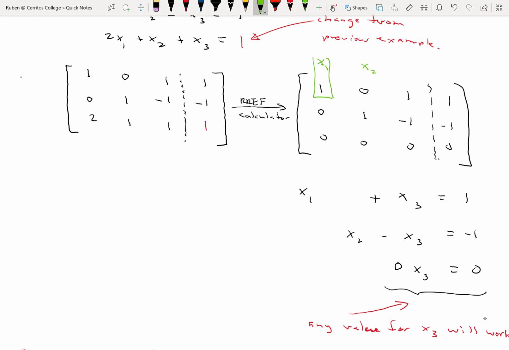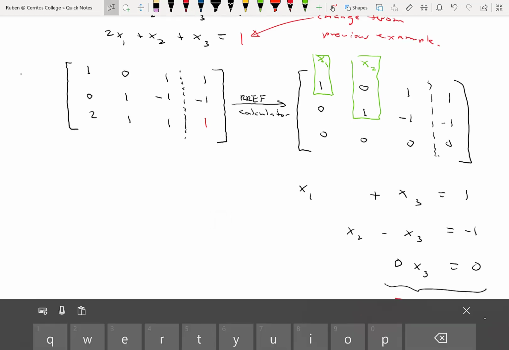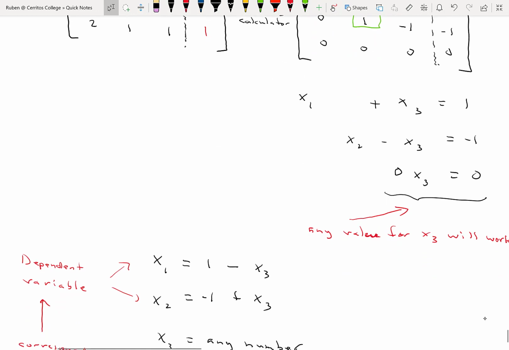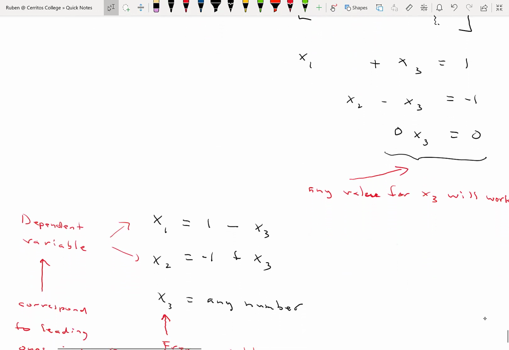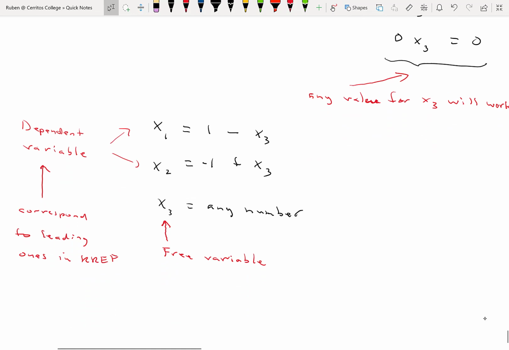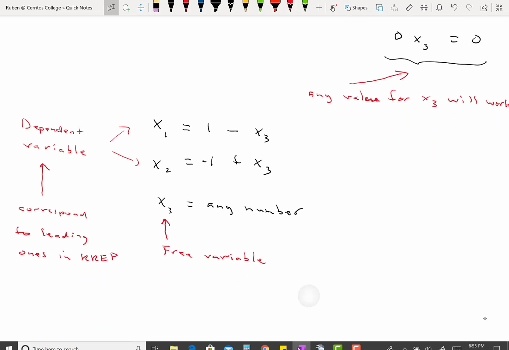So that's an indication that x1 and x2 are going to be the dependent variables. Our solutions will be x1 and x2 depend on the free variables. And the free variable in this case is x3. Okay, so a little bit more terminology there.